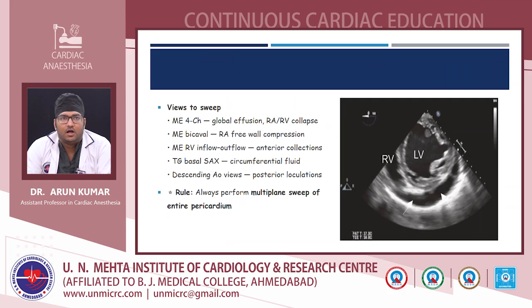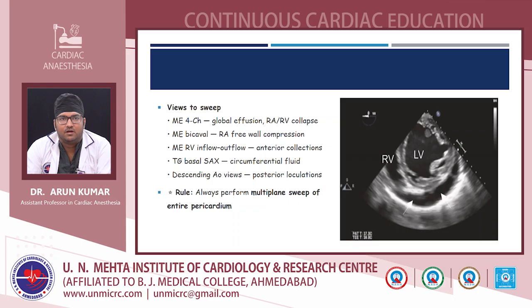The views we should assess for pericardial effusion are the mid-esophageal four-chamber view and the mid-esophageal bicaval view. In the bicaval view, we can see the RA free wall compression. Then mid-esophageal RV inflow-outflow for anterior collections, the transgastric basal short axis view for any circumferential fluid, and descending aorta views for posterior collections.